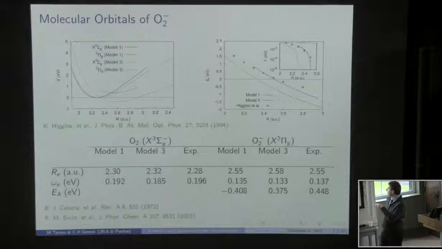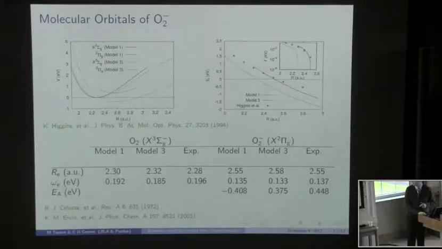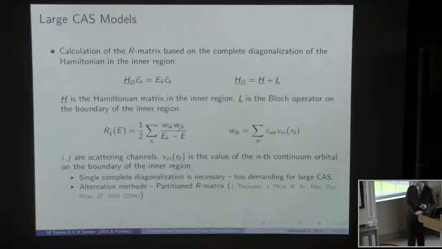So here you can see that also this model based on the neutral orbitals agrees well with previous calculations, with previously published R matrix calculations that were much more modest than this model number 1. But anyway, just simply the increase of the size of the Hamiltonian was not too helpful, but this alternative choice of orbitals helped.